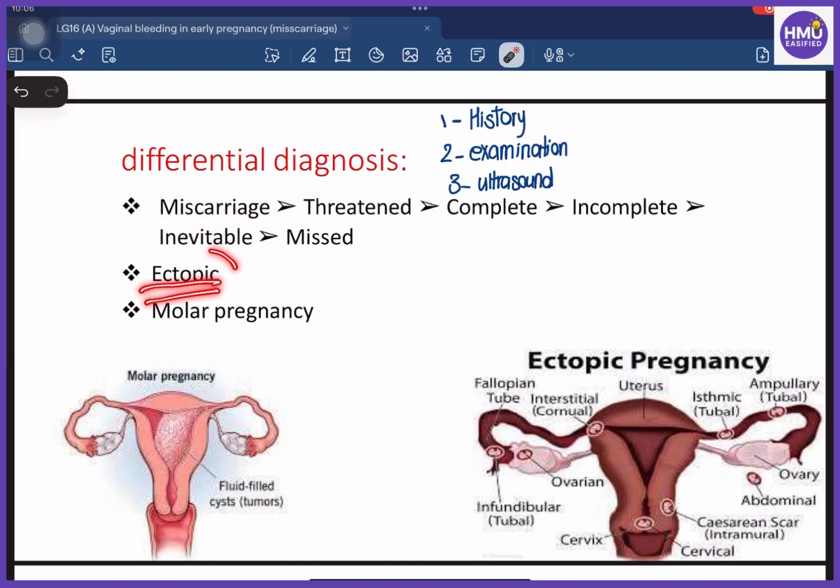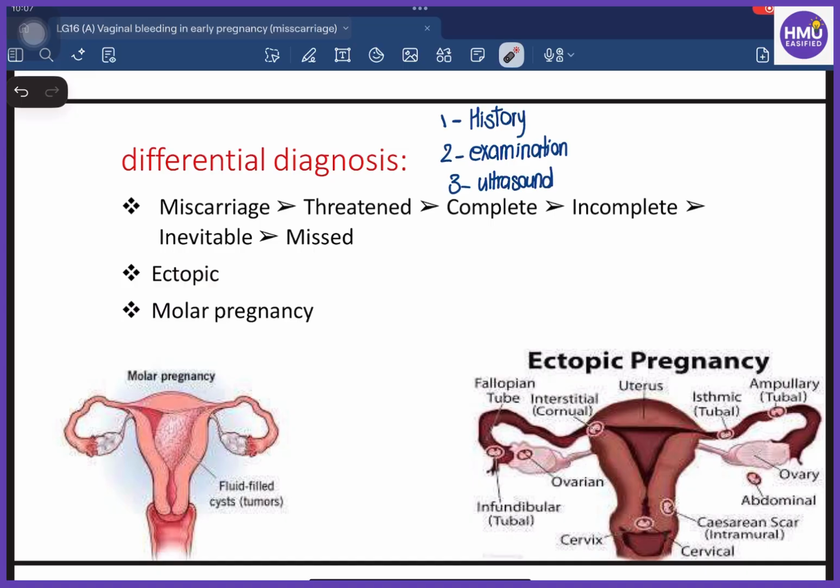In ectopic pregnancy, what's important in the history is they will have bleeding, but it's mostly spotting. It's not as much as in miscarriage. However, in ectopic pregnancy, again, ask if they have had previous history of ectopic pregnancies.